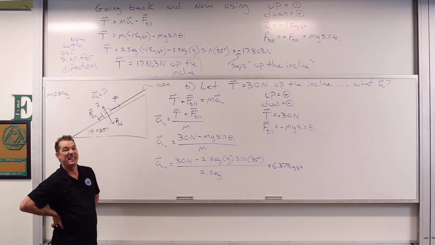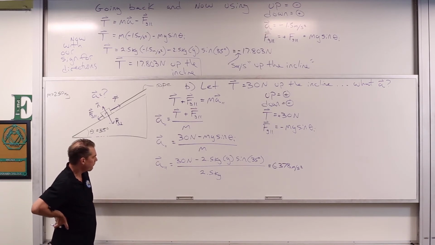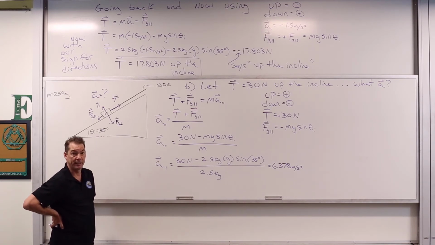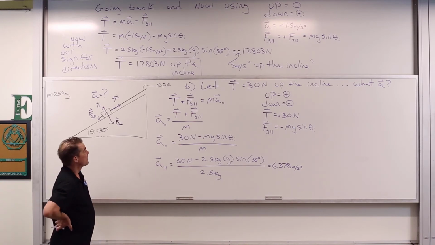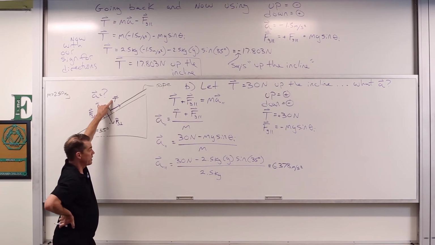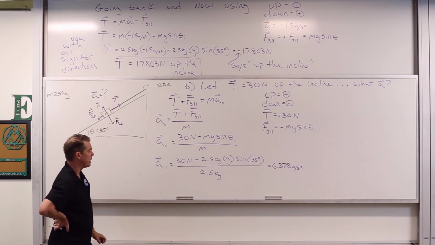There is the overall acceleration up the incline now. Much greater than just the 1.5, right? Well, we haven't even doubled this force here, but we've come out and gotten a much, much larger acceleration.